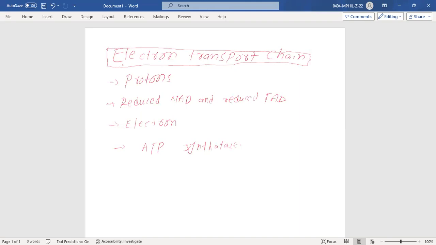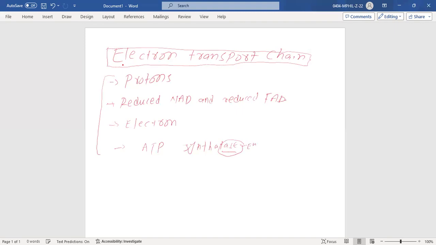So these are the components of the electron transport chain. Because I have used synthetase, ASE, it means it is an enzyme. It is a specific enzyme which will be involved to synthesize the ATP. You can also say ATP synthase or synthetase, it is the same thing. Wherever ASE is used, it means it is an enzyme.